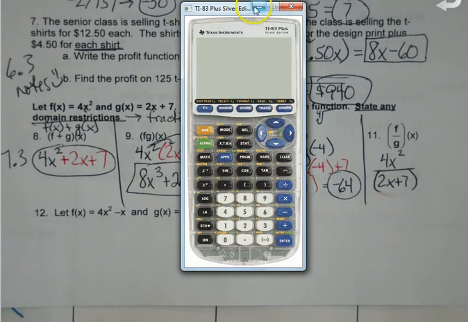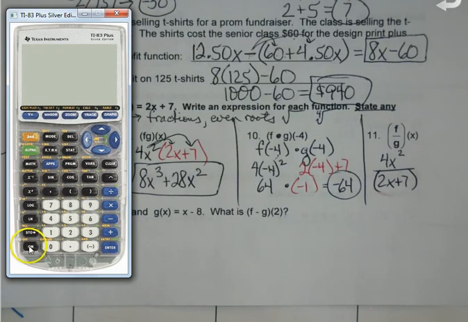What can we not divide by? Let's play here. Can I divide by a negative? Yep, still got an answer. Can I divide by a positive? Yeah, still got an answer. Can I divide by a fraction? Yep, still got an answer.